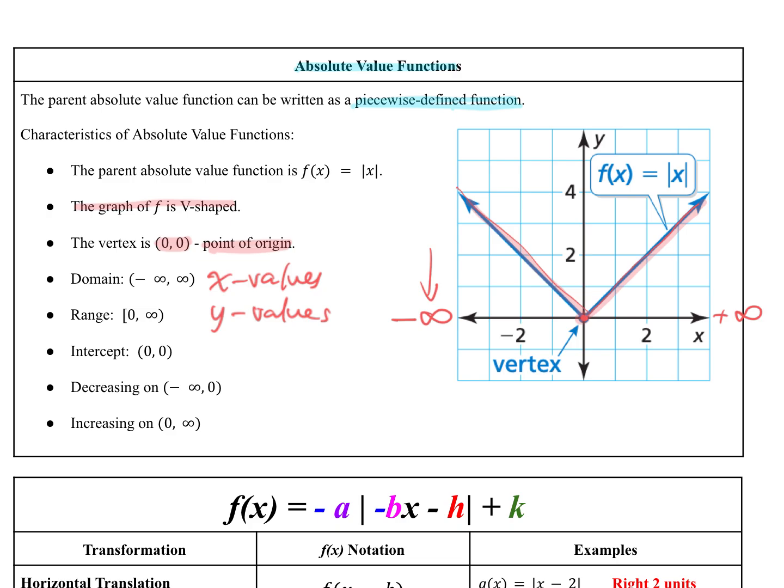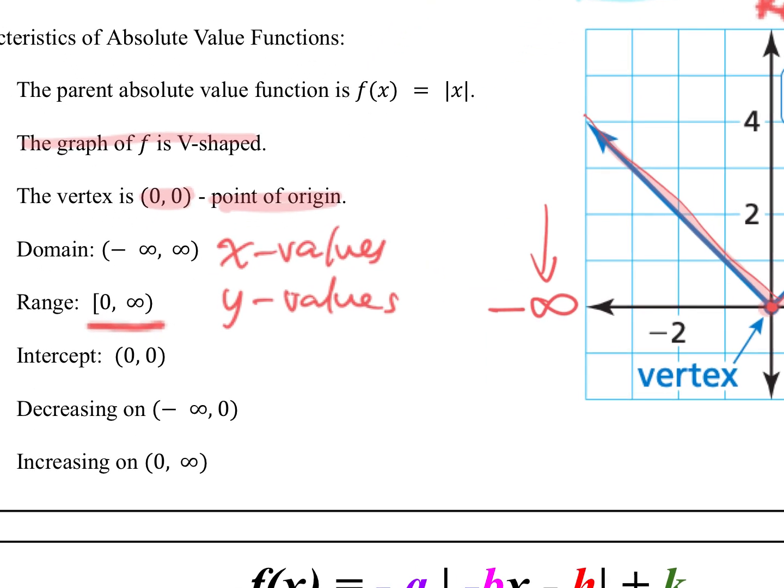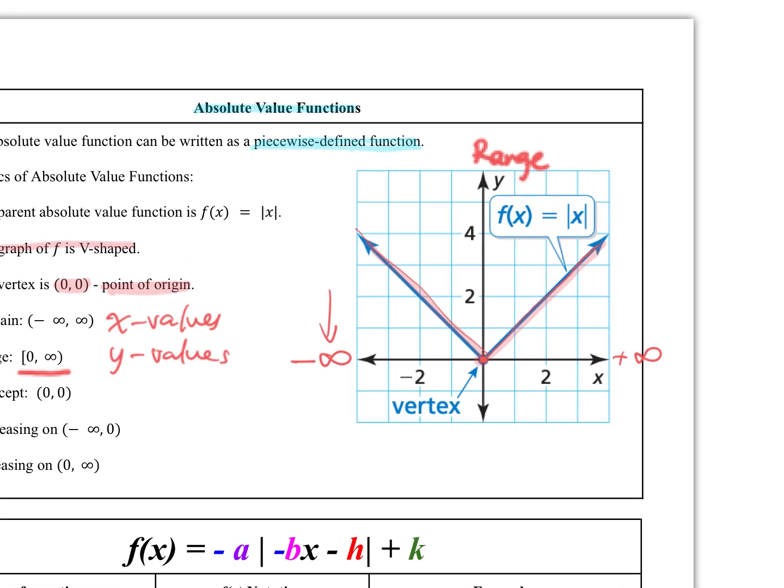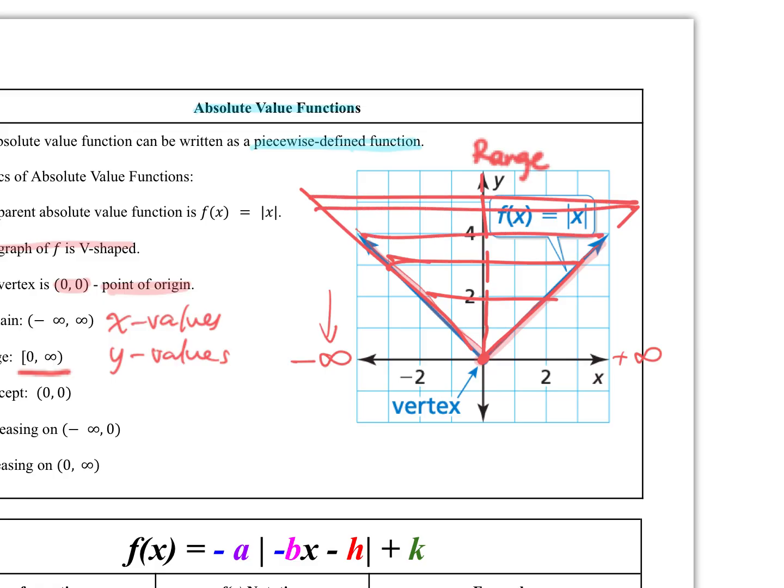Regarding the range, the range is the y values. If you look at the range here, the range is from 0 to infinity only. It means that starting from 0, it goes up this way, because your function goes this way and goes that way. And look at this one, your y values are also going up and up to infinity.